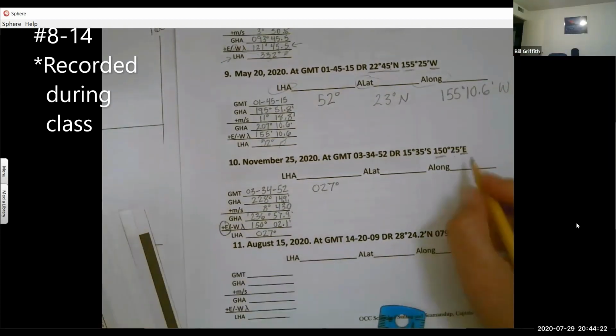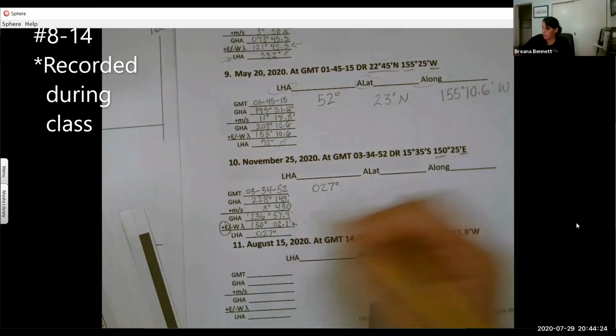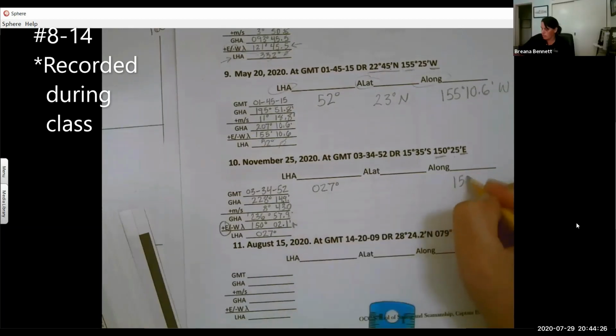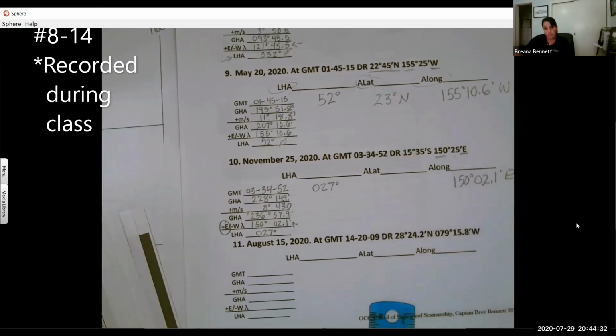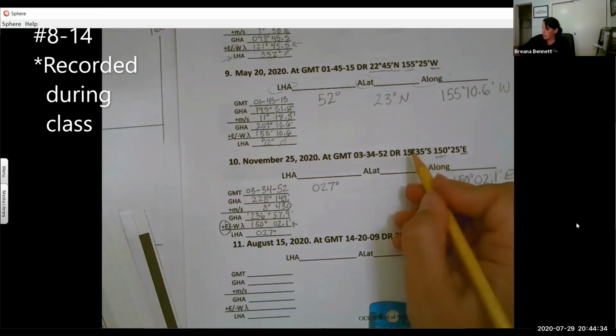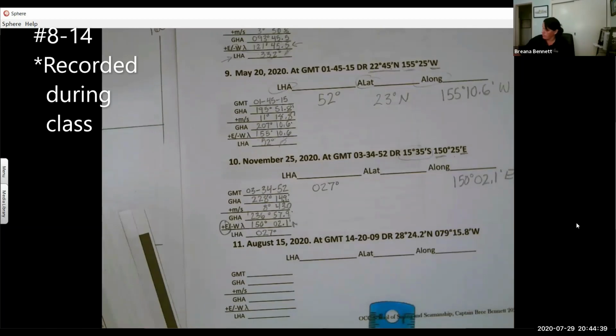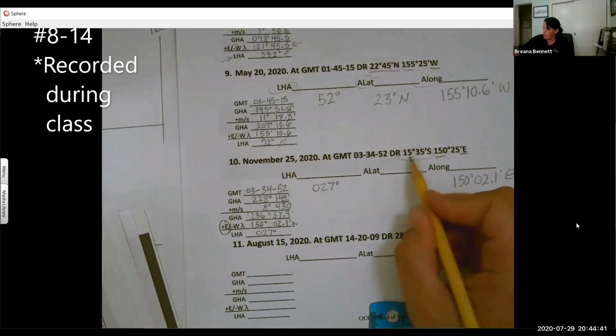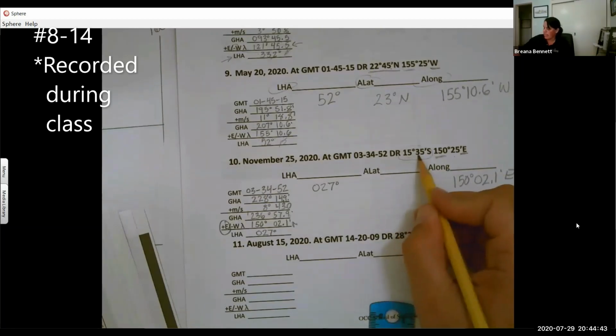Our assumed longitude we've created as 150 degrees, 02.1 minutes east. And now we're going to look at our latitude. We have 15 degrees 35 south.